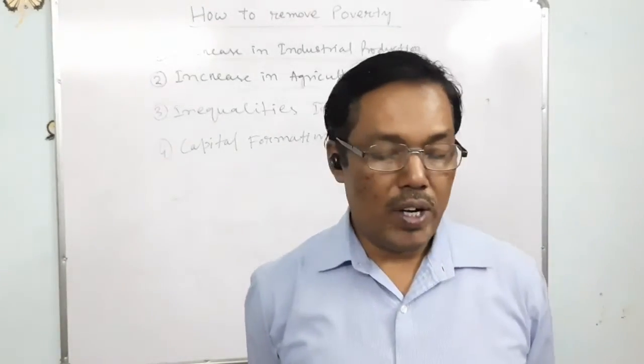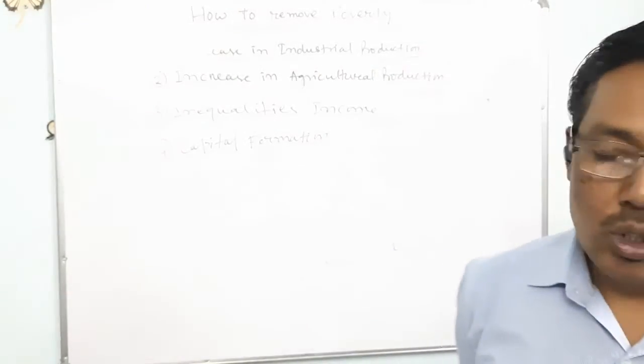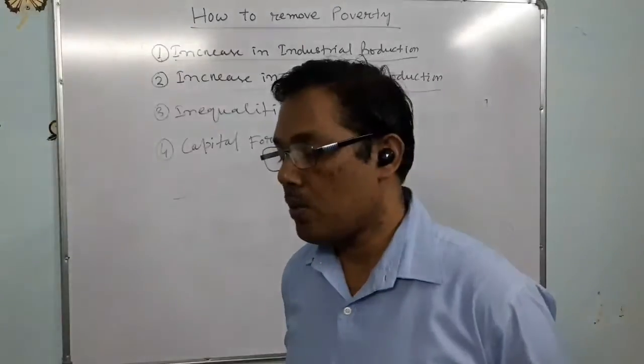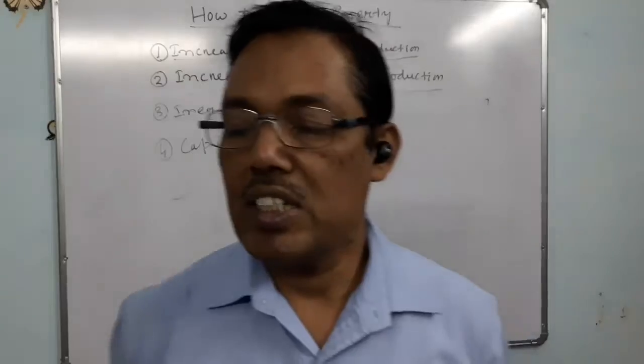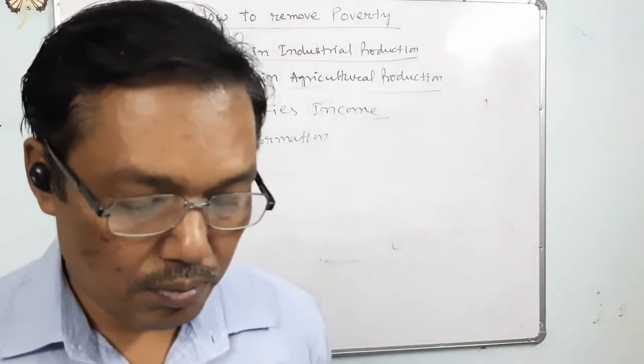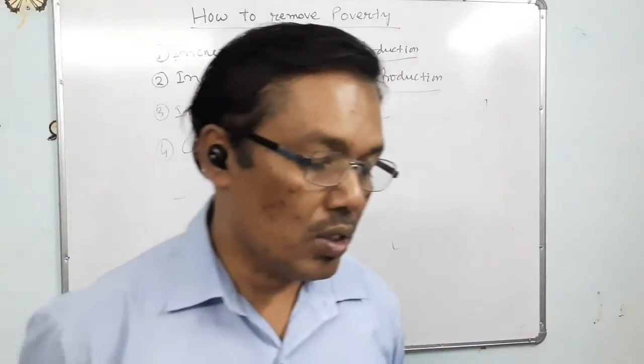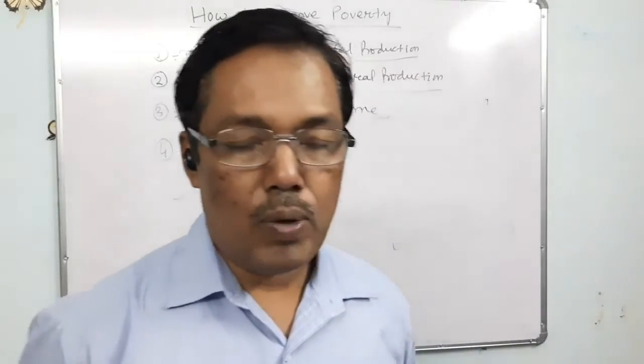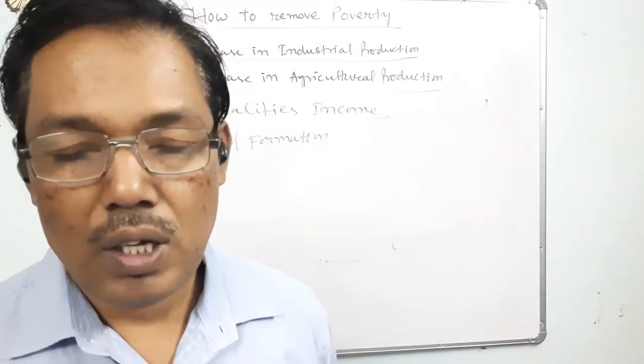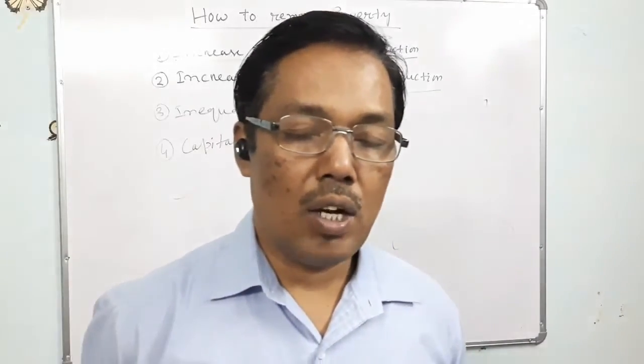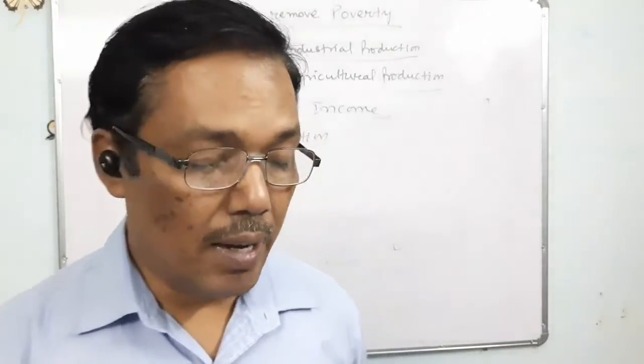And the most important point, which I told in the first point, is the rapid increase in population. So how should that population growth be checked? The government takes different steps.